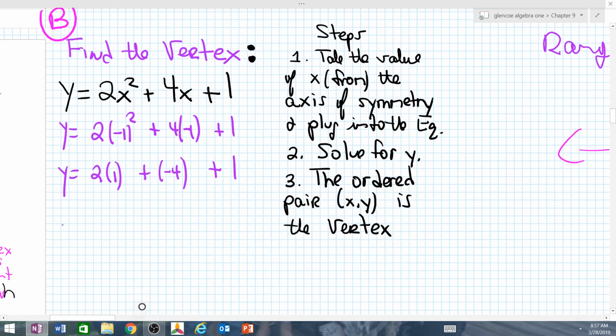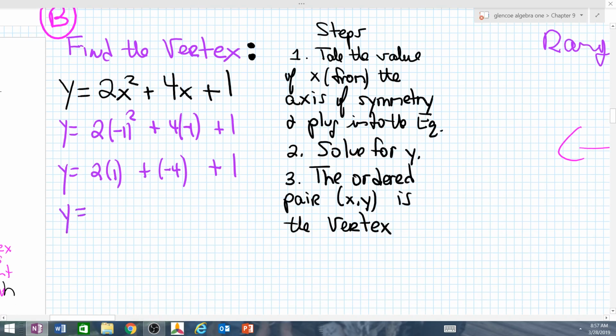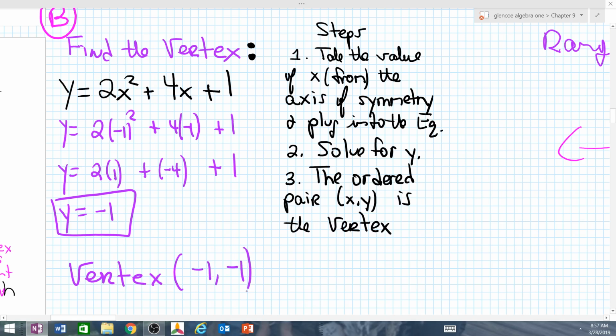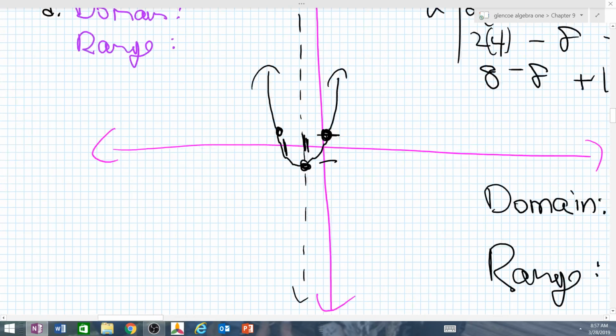What does y equal? y equals negative 1. So my ordered pair, or my vertex, is made up of the x from the axis of symmetry and the y we just found. So what would my vertex then be, guys? Outstanding. Negative 1, negative 1.